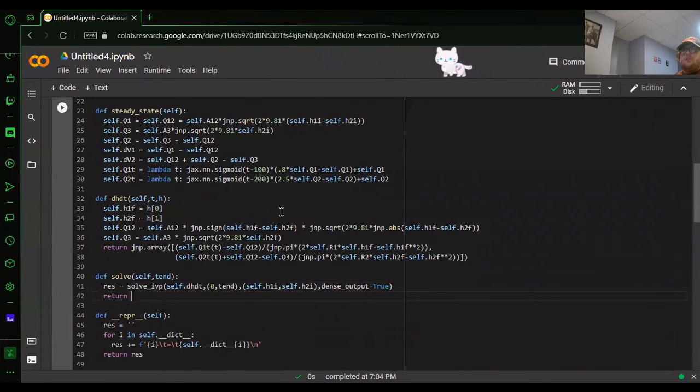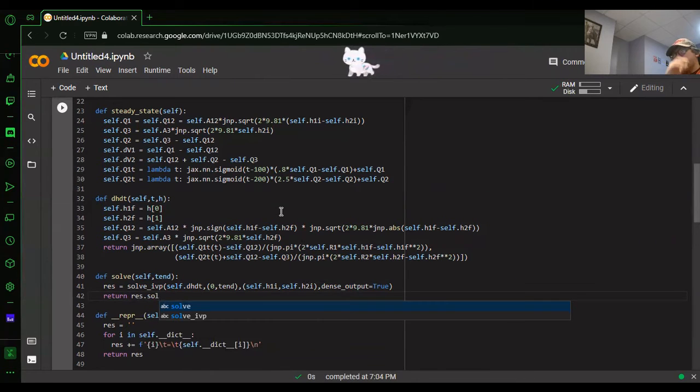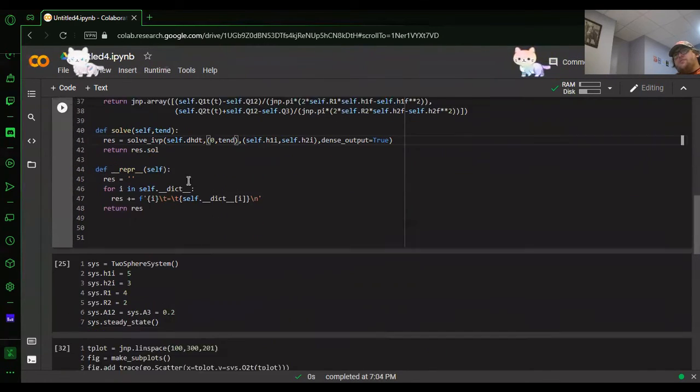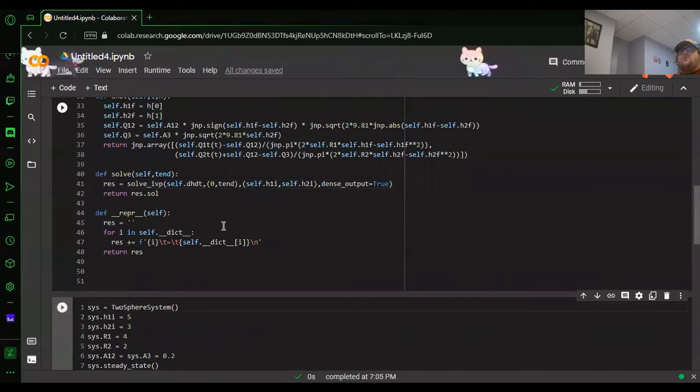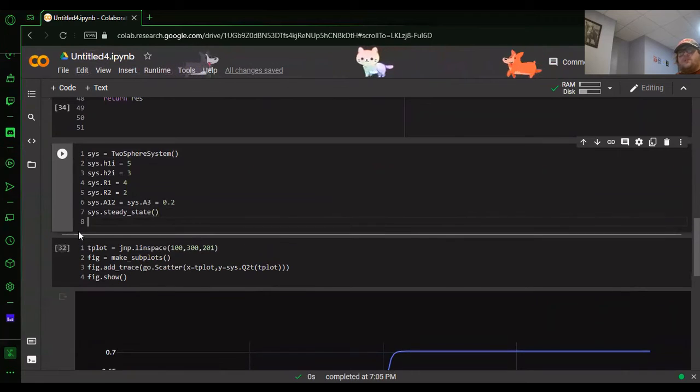And then what we're going to return here is the sol, which is an attribute of the result you get when you use solve_ivp. So we run that, get this to steady state, and then solve it.